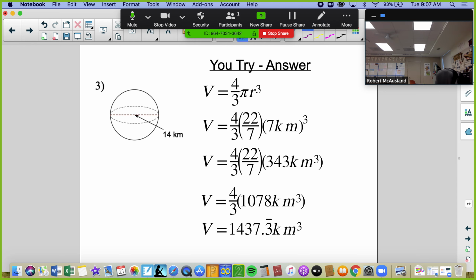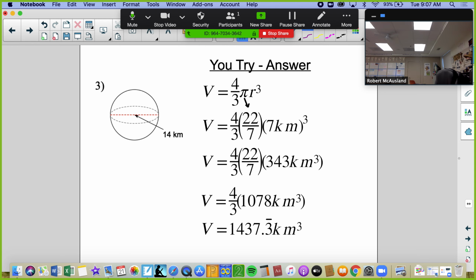So you notice that the first thing we want to do is to plug in the values for the variables. Notice what I plugged in for pi. I chose 22/7. Remember that pi has two values. It has a decimal approximation. It also has a fractional approximation.